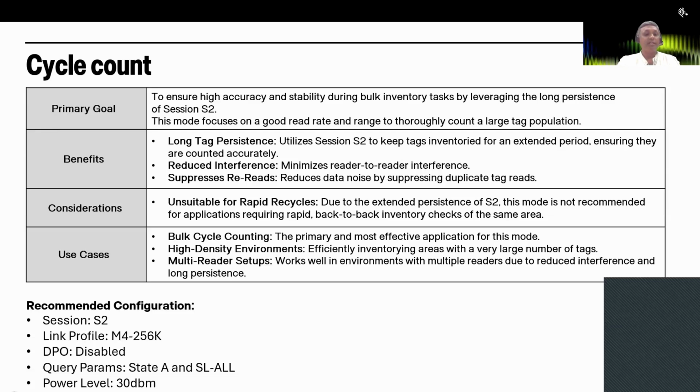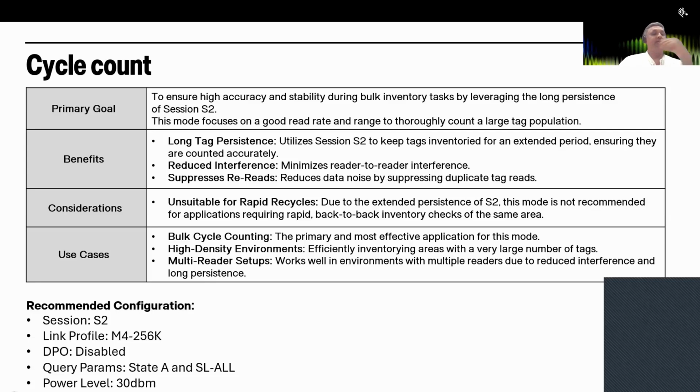So before getting into the details, we also have to consider some considerations. It's unsuitable for rapid recycles, right? Because we will be using the extended persistence of S2, this mode is not recommended for applications requiring rapid back-to-back inventory checks of the same area, right?